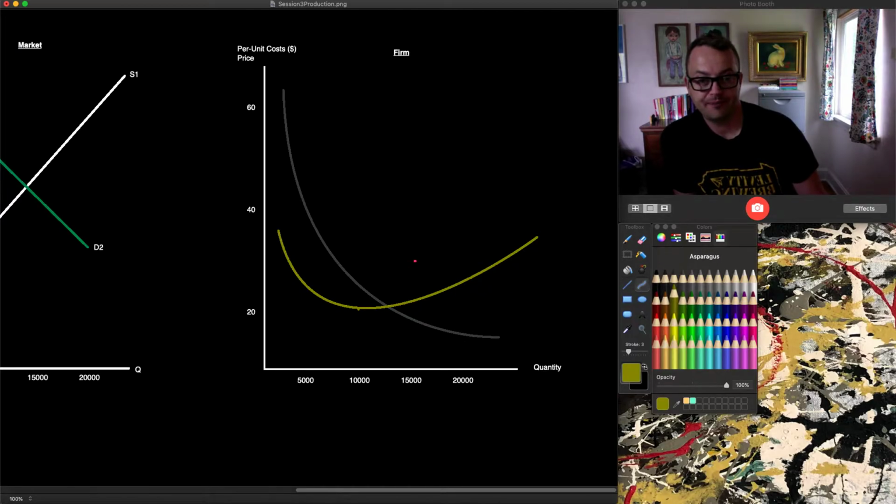The third one is average total costs. So that's something that starts off again very high, falls down with fixed costs, but starts to rise eventually. So I'll do something like this here. And while average fixed cost continues to go down, average variable and average total cost each have a minimum point.